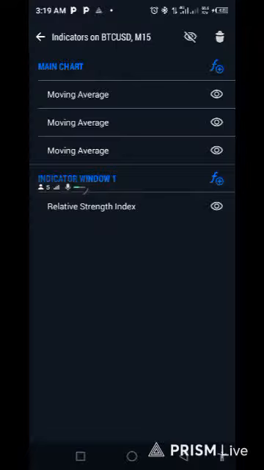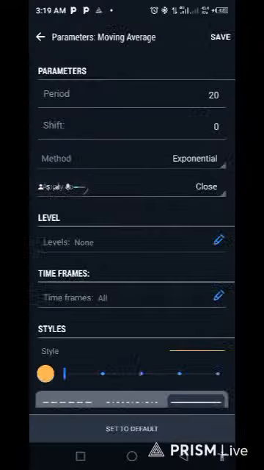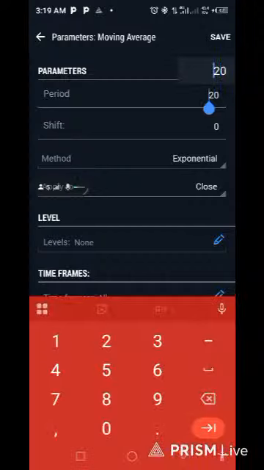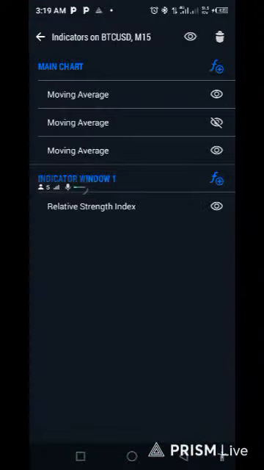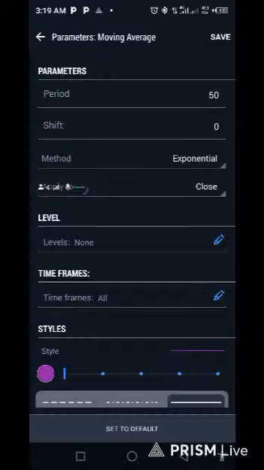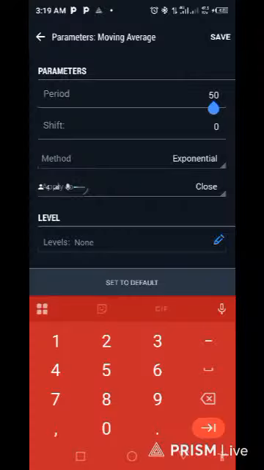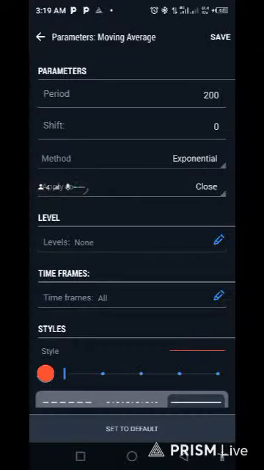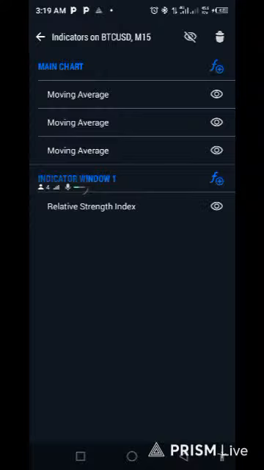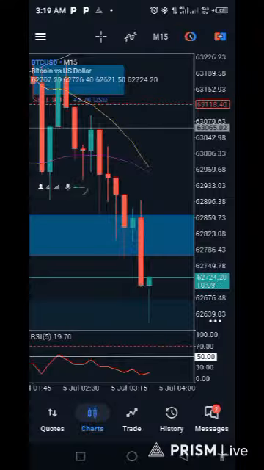These are the 3 moving averages I'm using. This one is 20, then this one is 50, then this is 200. Those are the 3 moving averages I use mostly.